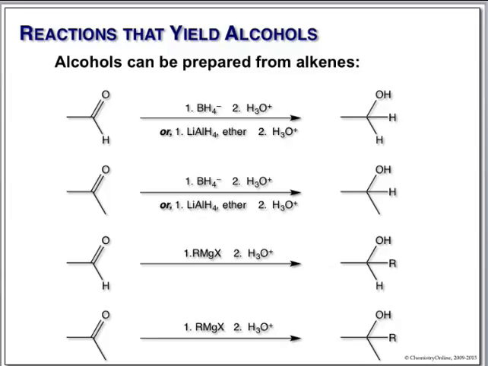If we have an aldehyde, both of these will give us primary alcohols. Remember, we're just adding H- to the carbonyl carbon. If we have a ketone, we add H-, we have a secondary alcohol.